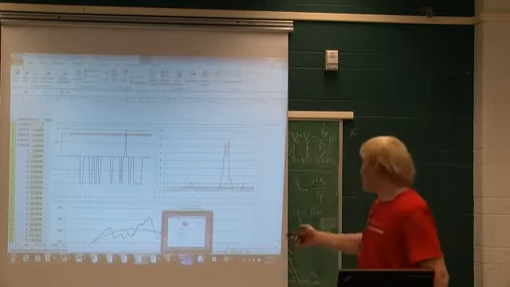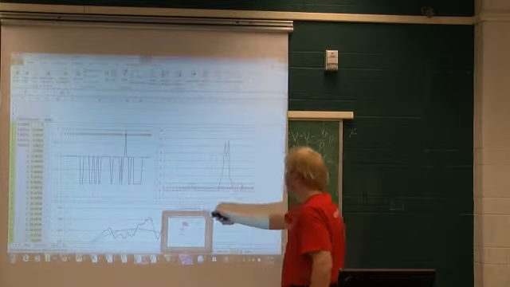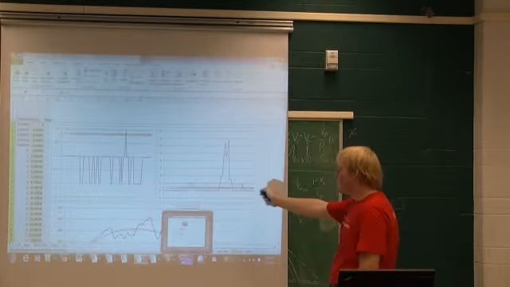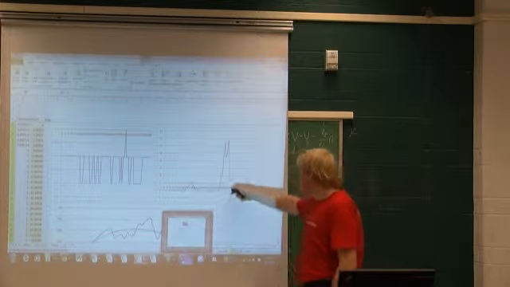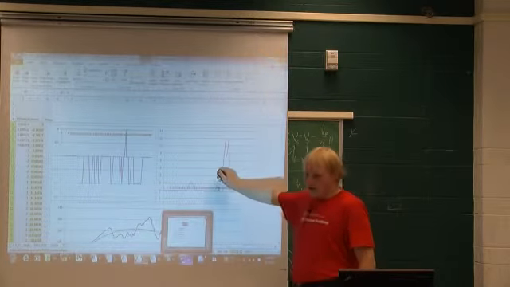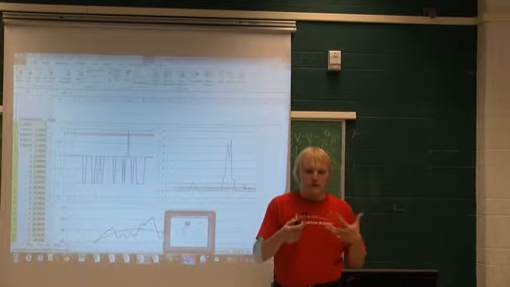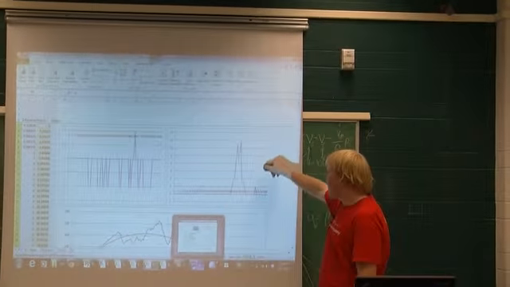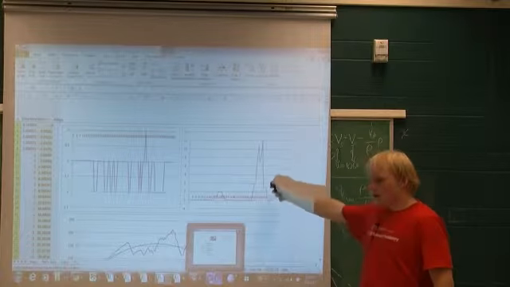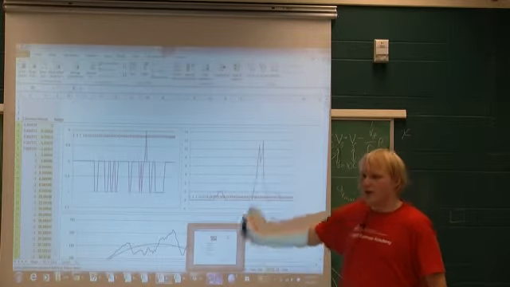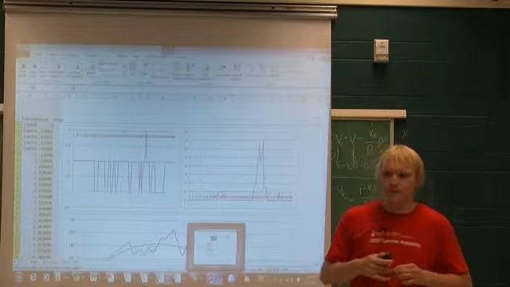So the first thing I'll draw your attention to is these two charts of the data itself. This data is at around 11 at night, so there should be no major congestion. Yet there is. And this is in the westbound direction. And this peak here, does anyone have any idea why that might have happened?